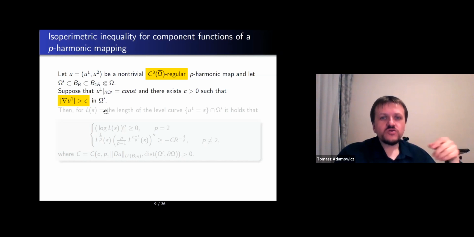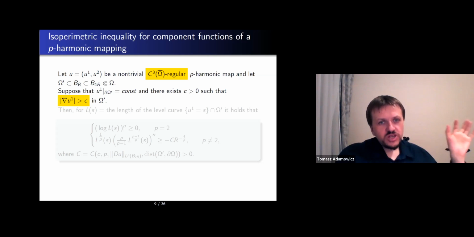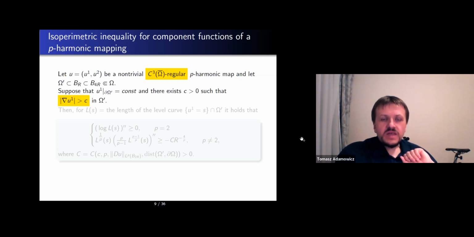For harmonic or p-harmonic functions on annuli, for example, this property is known, as you will see in a moment. But for p-harmonic mappings in general domains, it's not that automatic.